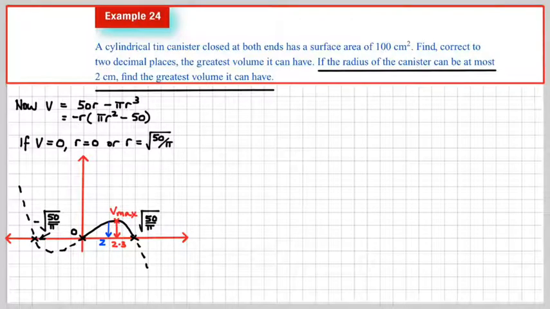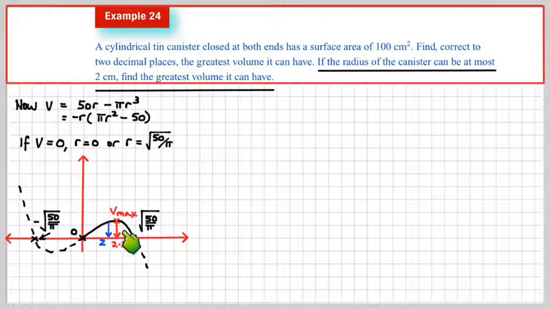We can see quite clearly from this little diagram that if we're allowed to go r anything up to 2, then we'd be to the left of the point here at 2.3, where r is 2.3, where V max is. So therefore the maximum value that we're going to get is when r is actually at 2.